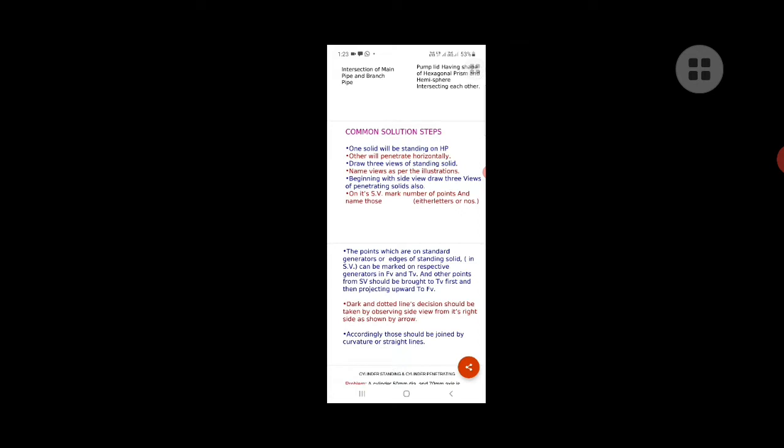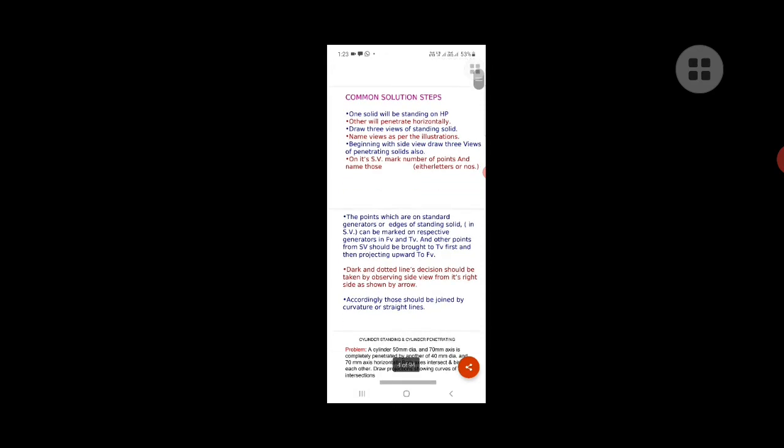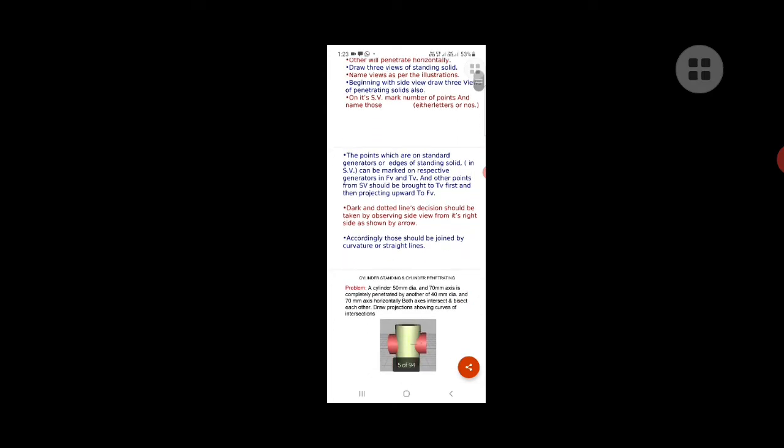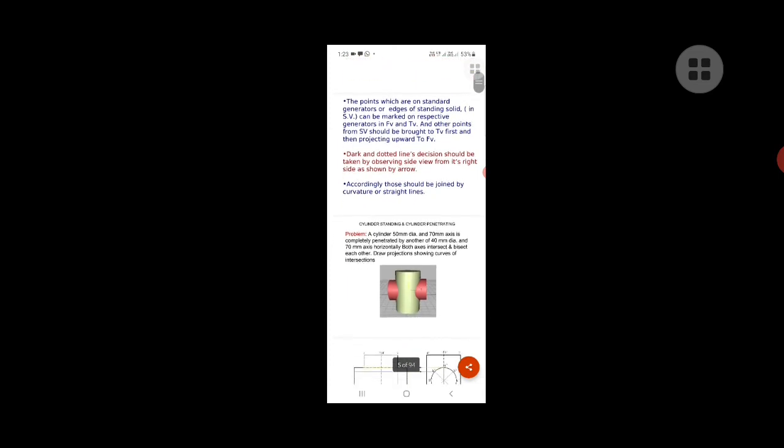There are three views. Name the views as per the illustration. Beginning with the side view, draw the three views. Also, the points on a standard generator of the standing solid can be marked on the respective generator. The points from the side view are taken to the top view, and the decision between dark and dotted lines should be taken by observing the side view.